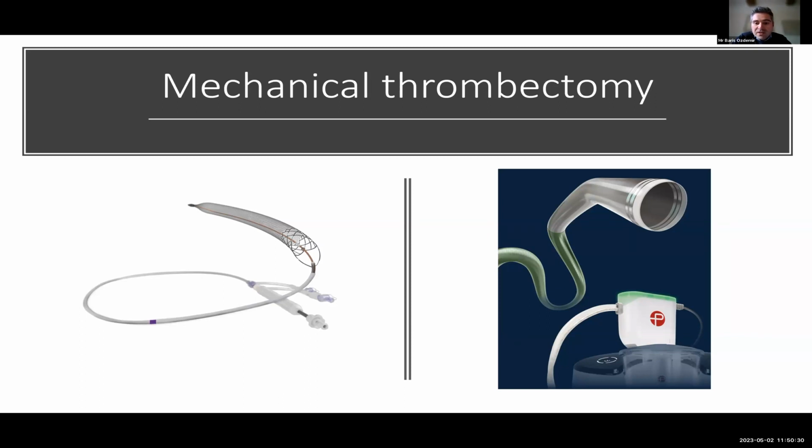And both of these devices are looking very effective, and we've been using them in the last 6 months in North Bristol. This has given us the added advantage of making it easier to deal with the international shortage of thrombolytic agents.